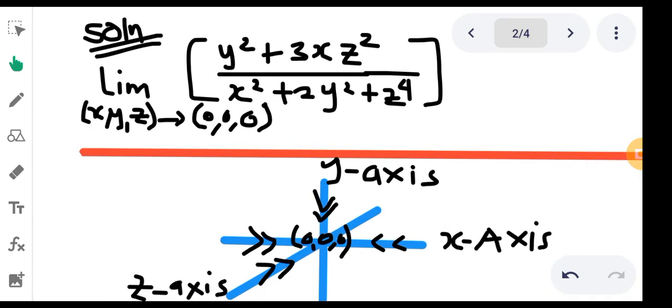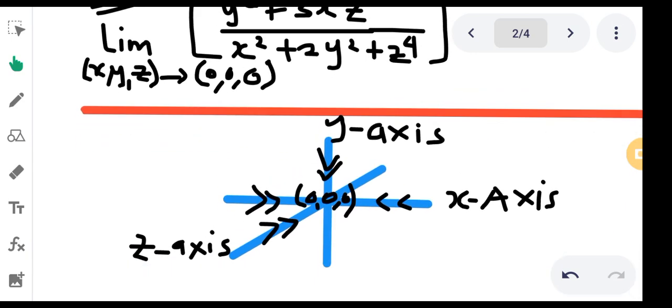The first thing we need to know is that we can approach the point (0, 0) from both the x and y coordinates. So with the limit of (x, y, z) as it approaches (0, 0, 0), it means that when we have the point at the center here, since we can approach that point from different directions, we can approach it by the y-axis, the x-axis, and also the z-axis.